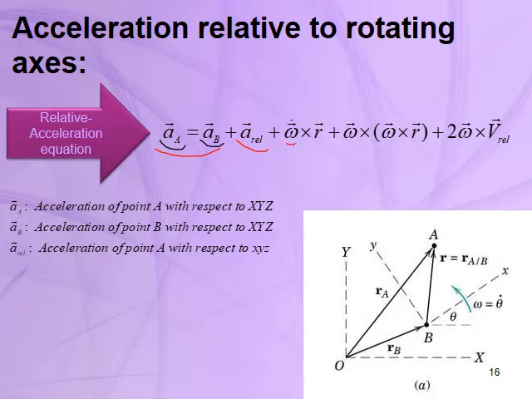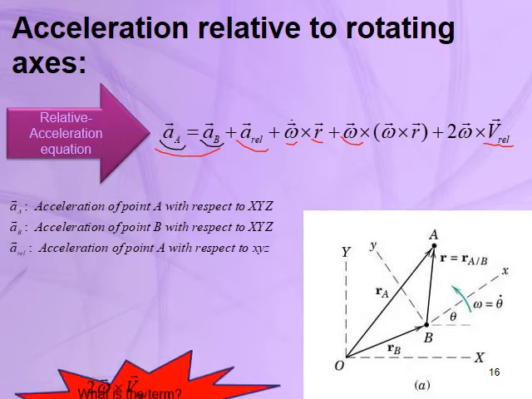Of course, we have omega dot, which is the angular acceleration of the relative coordinate system. The other parameters were introduced in previous slides. R is the position vector of point A in the relative coordinate system. Omega is the angular velocity of the relative coordinate system, and V relative is the velocity of point A in the relative coordinate system. So you can substitute here, and again using this equation you can find the absolute acceleration for each point using a relative rotating coordinate system.